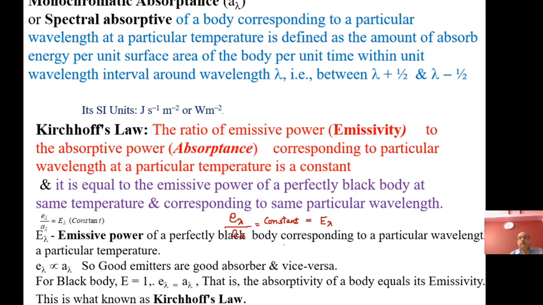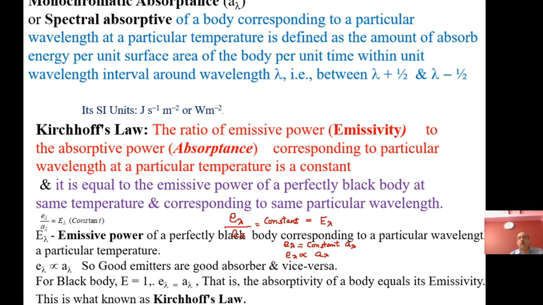So E lambda by A lambda is constant, hence E lambda is equal to constant into A lambda, or E lambda is proportional to A lambda. The statement of Kirchhoff's law now states that good emitters are good absorbers, because E lambda is proportional to A lambda.